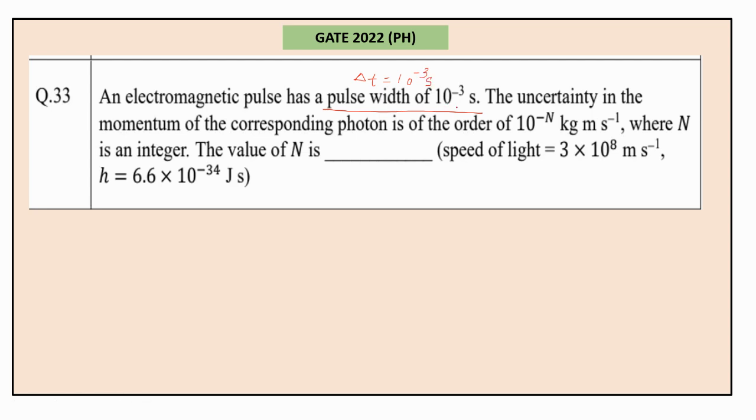The uncertainty in the momentum of the corresponding photon is of the order 10 raised to the power minus n, where n is some integer, and you need to find out the value of this n.